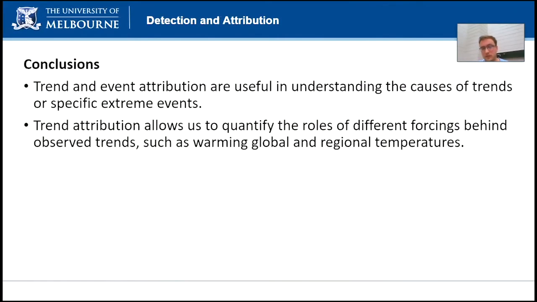Trend attribution allows us to make those quantitative statements in the IPCC reports, looking at the roles of different forcings behind observed trends. So this could be the warming of global and regional temperatures, and it also goes through precipitation changes as well.